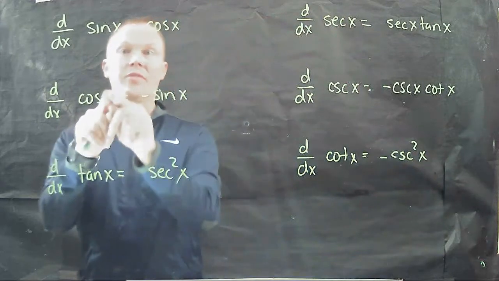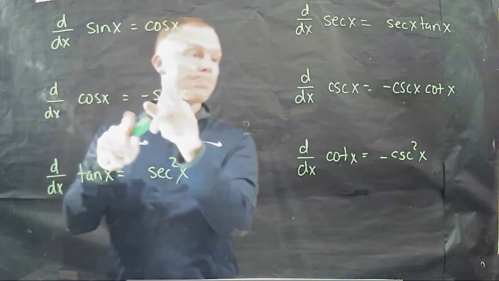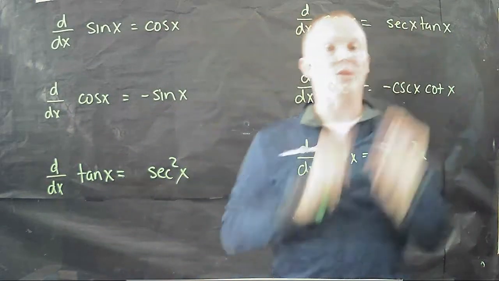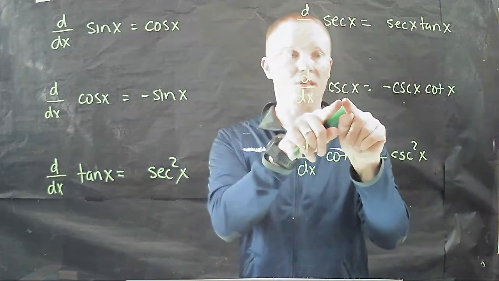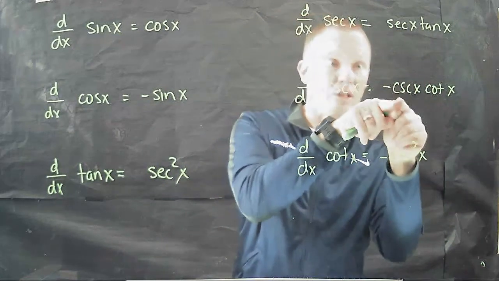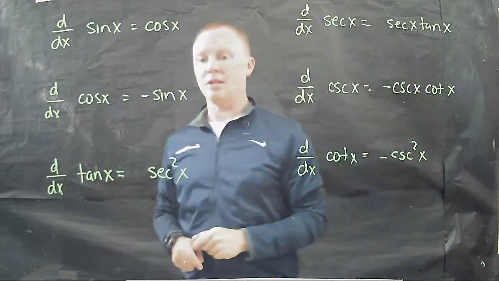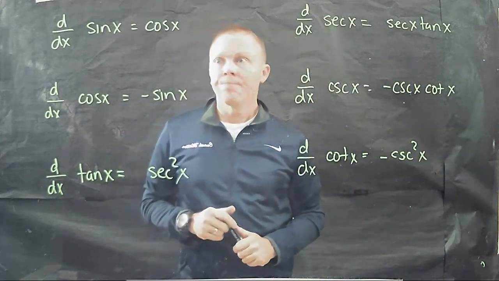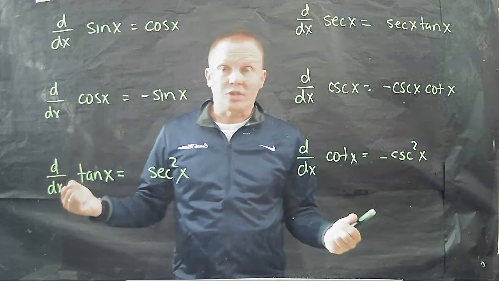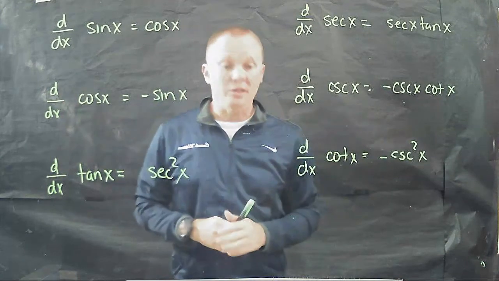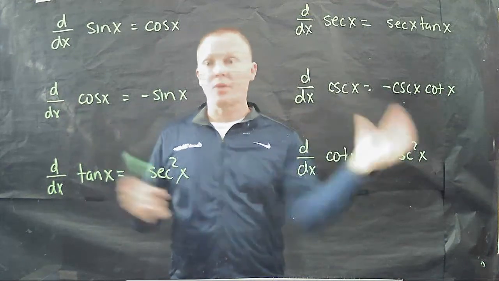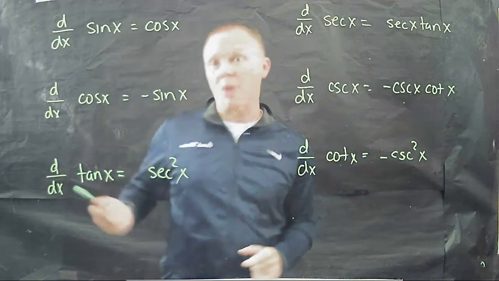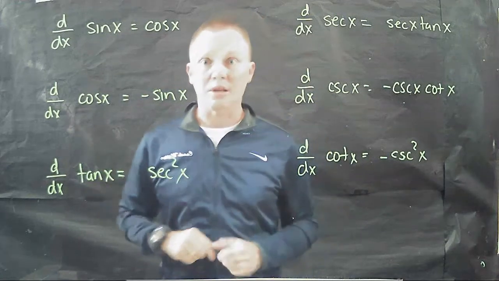The derivative of secant is secant tangent. The derivative of cosecant is negative cosecant cotangent. Okay, hopefully you see those patterns there. So now we've got these 6 trig functions. We've got all kinds of functions that we can take the derivative of. So I'm going to erase this board, and I'm going to do a couple of examples where we combine the trig functions and maybe some polynomials, just so you can get a flavor for that.